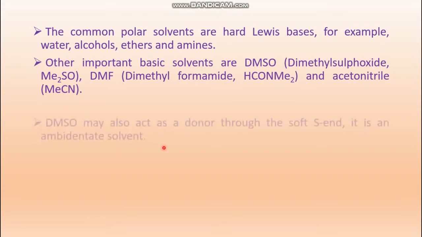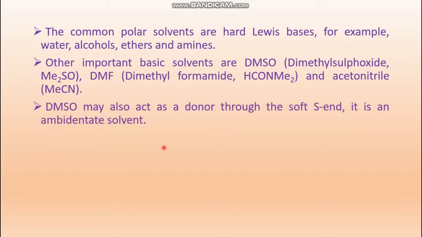DMSO may also act as a donor through the soft S end, as I have just told you that if you have a sulfur site and sulfur has a lone pair with some donating tendency, then this site is soft, and it is an ambidentate solvent. That means this solvent can interact through its sulfur end as well as its oxygen end.